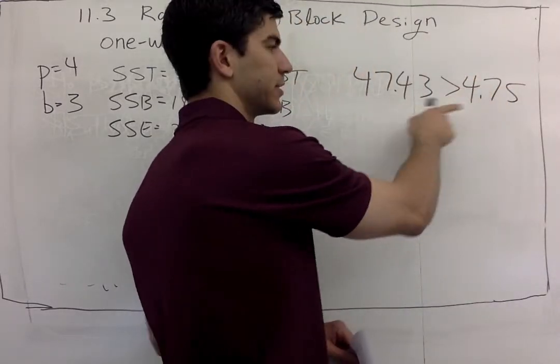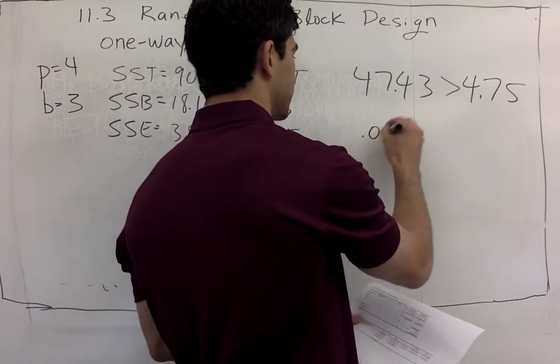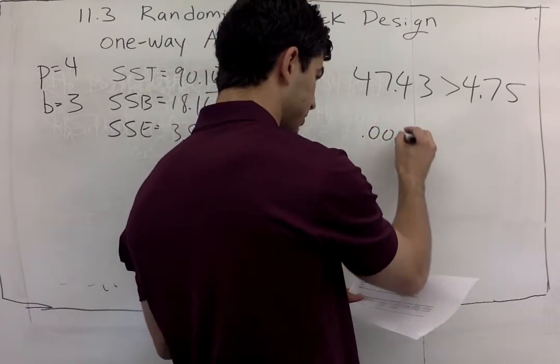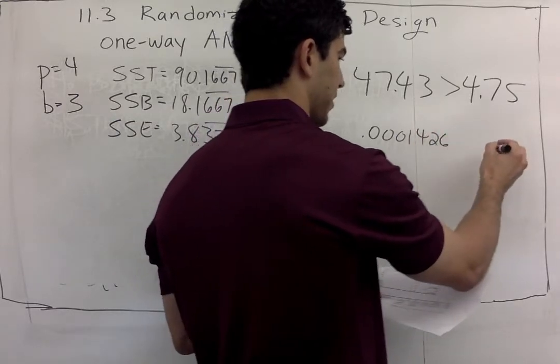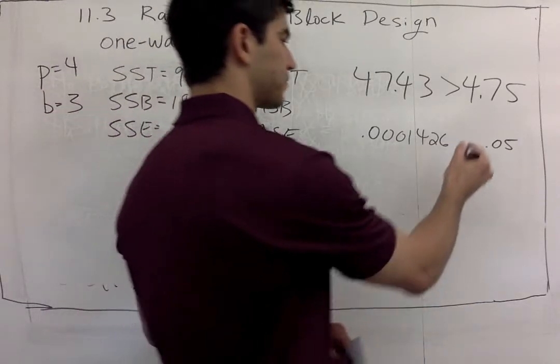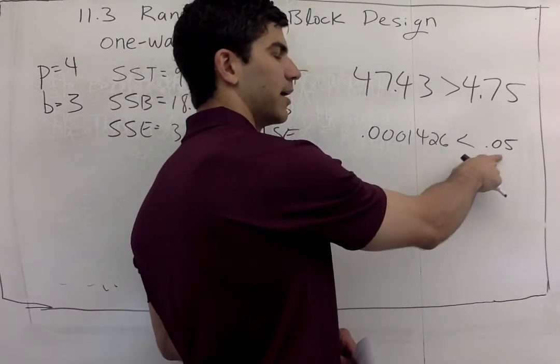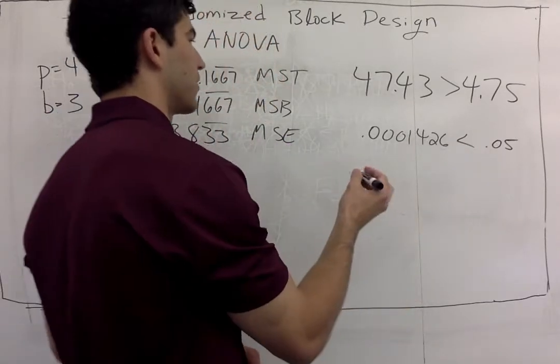Because the test statistic is greater than the critical value, you can reject the null hypothesis. You can also use the p-value, which is very small, 0.001426, compared to solving this problem at an 0.05 level of significance. That's my p-value. That's my alpha level. Because the p-value is less than alpha, I can reject the null hypothesis.